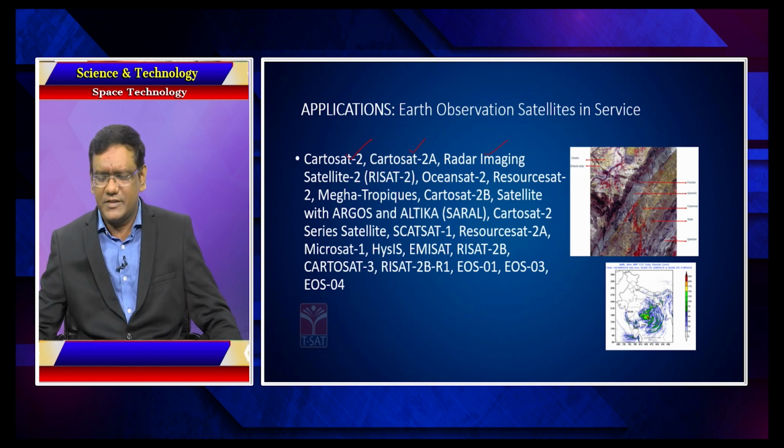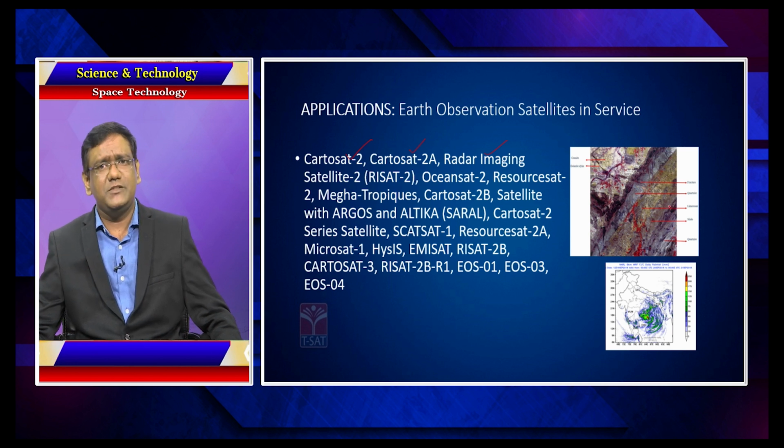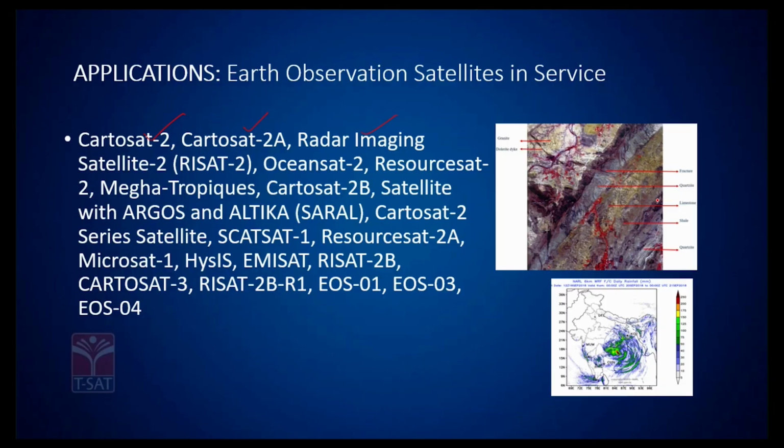You can see here, this is another important application that we'll use. We'll take pictures of the Earth to see what kind of minerals and what kind of geology are there. Based on the image information, they identify what kind of minerals are present: quartzite, limestone, shale, and quartzite.